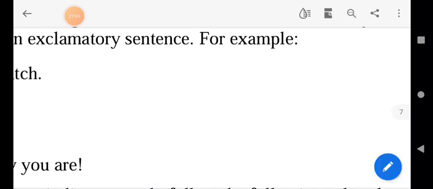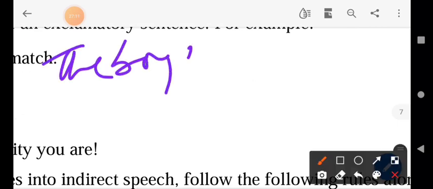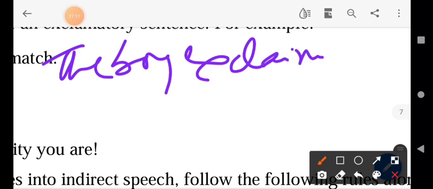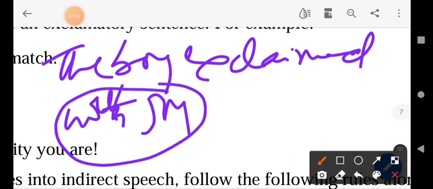For example, the answer is: the boy exclaimed with joy, or exclaimed joyfully. If you want to use an adverb, that is also correct, joyfully.